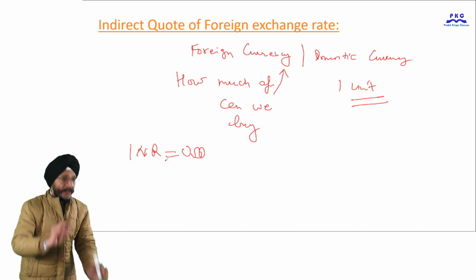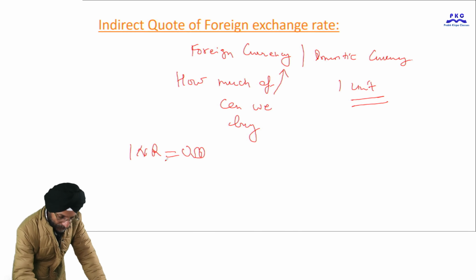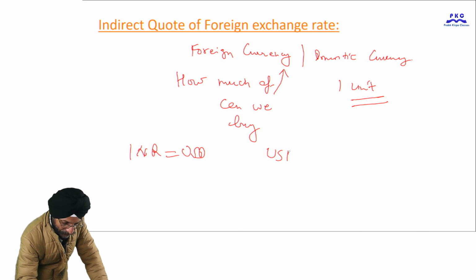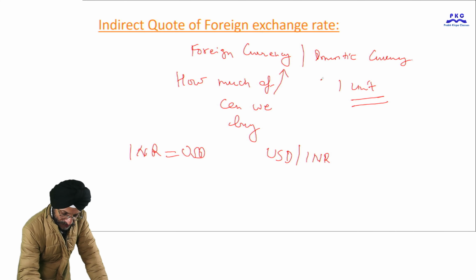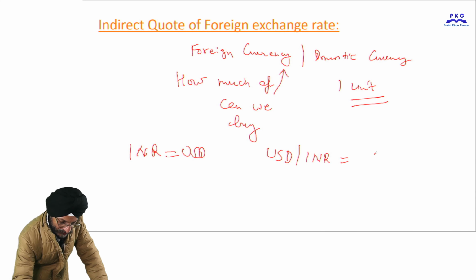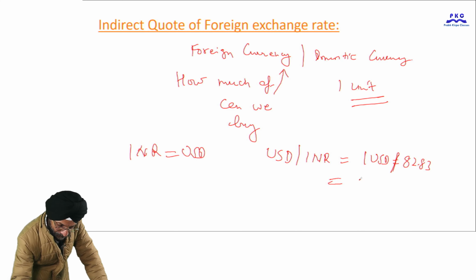We are from India, so the indirect quote will be US dollar over Indian rupee, USD/INR. 1 US dollar is equal to 82.83, so USD over INR is 0.012.